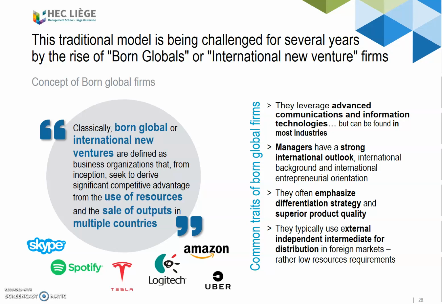They have traveled. They often come from immigrant families. They have a very open mindedness, and so for them, they consider the world as their garden, I would say. They emphasize differentiation strategy, and they typically use external independent intermediaries for distribution. They go for rather low resource requirements.